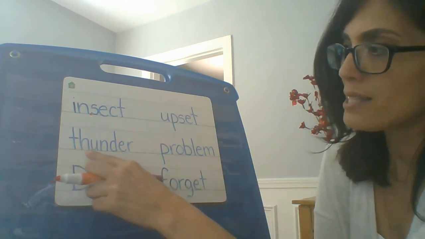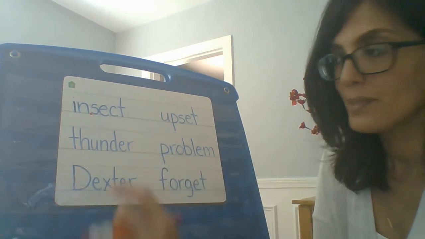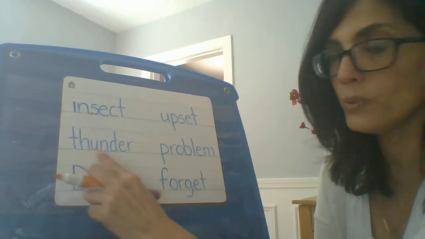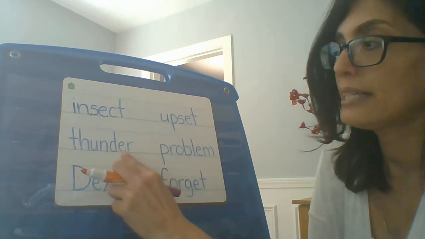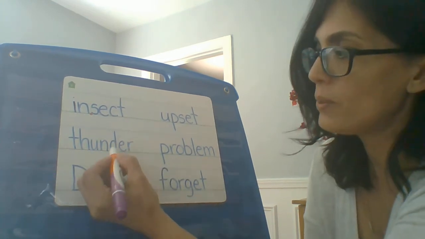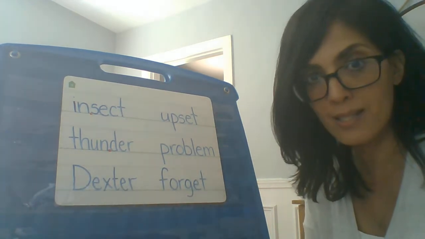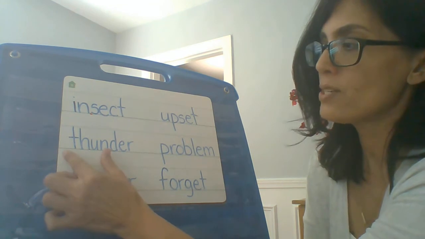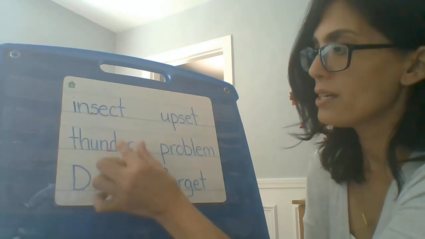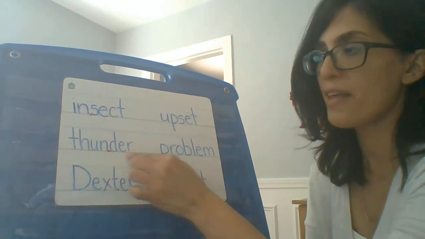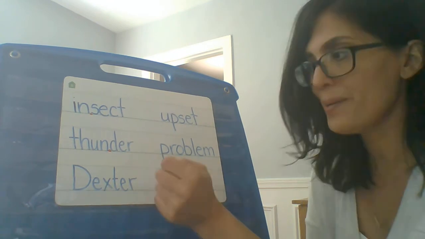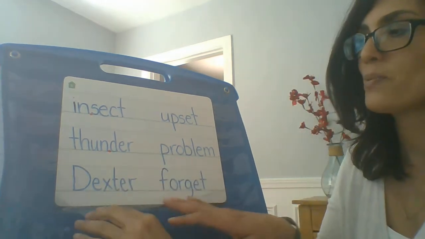Let's take a look at this long word right here. I see my vowel U and I see a vowel E. So I'm going to go ahead and break the word between those two consonants. And now watch. Thunder, thunder. Okay. Let's take a look at this next word.